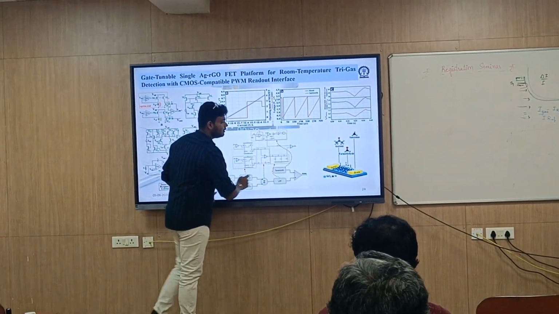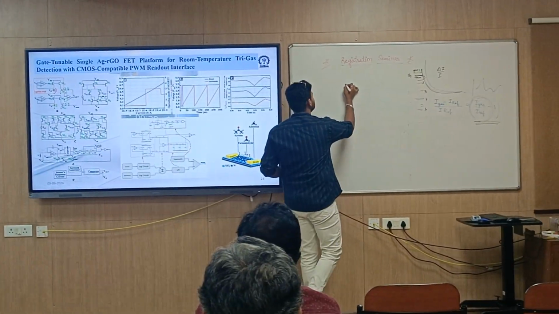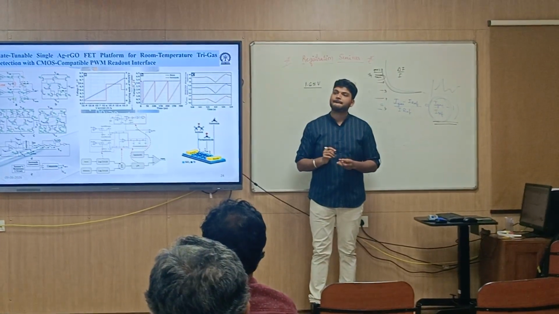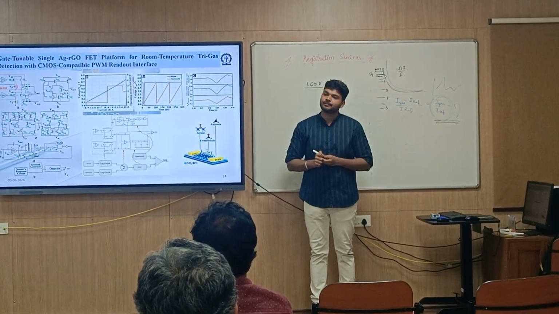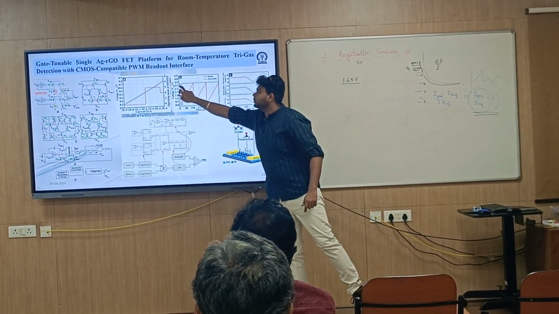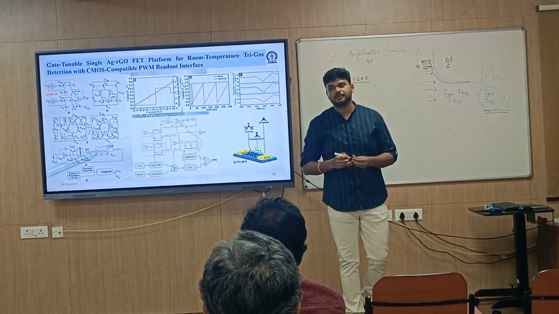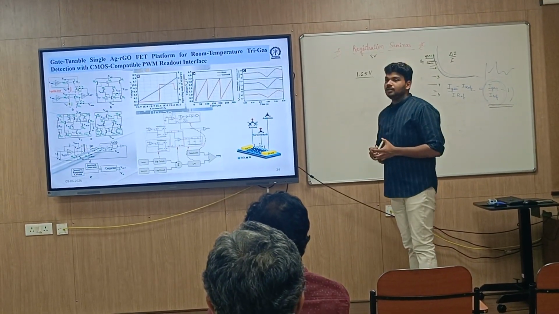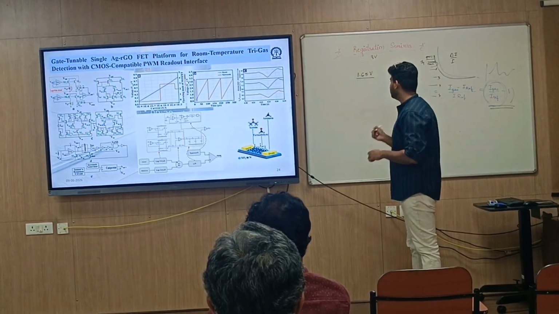Here we just give a reference. We have kept a reference of 1.65 volts. Above that, how long it stays above determines the pulse width. The high level is 3 to 3.2 volts.